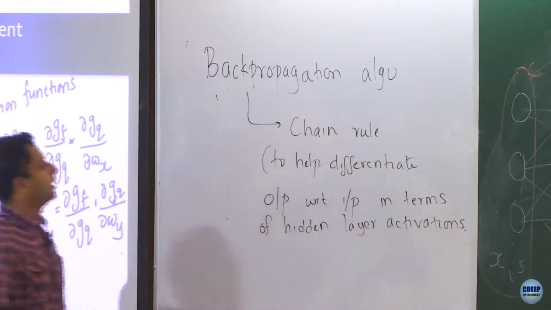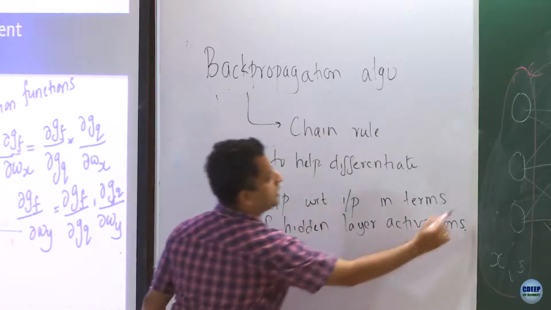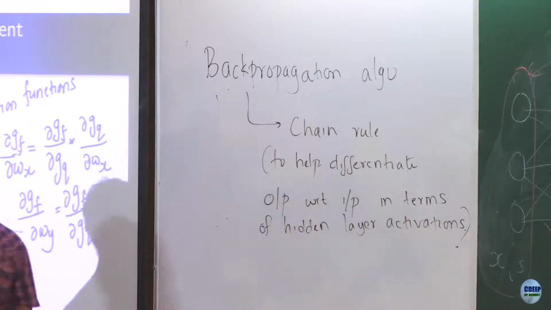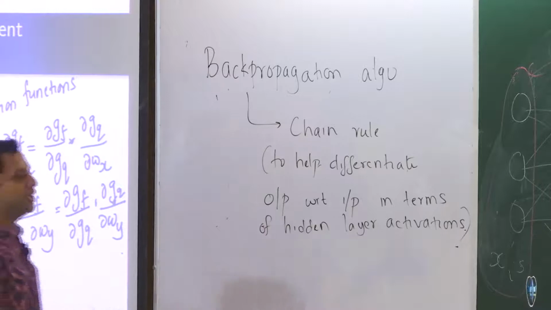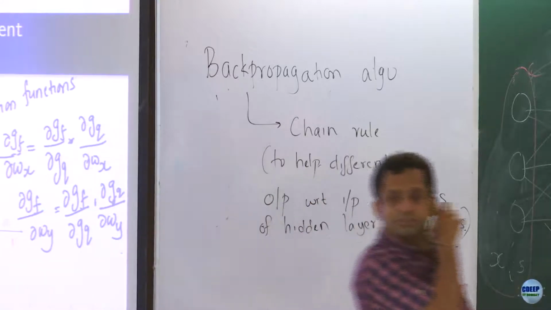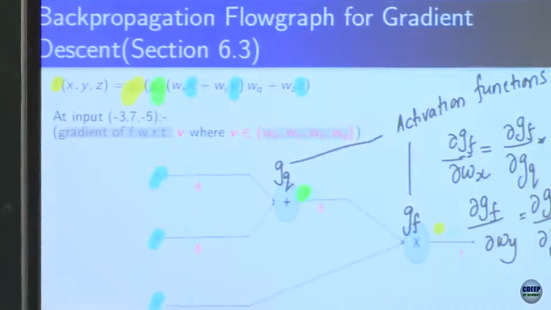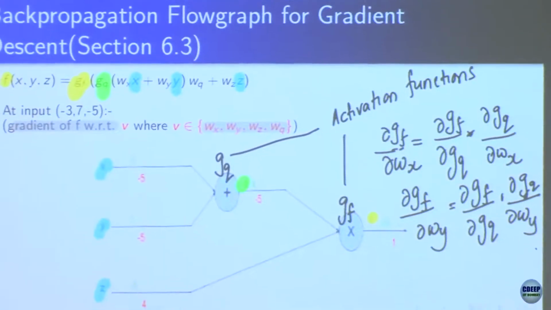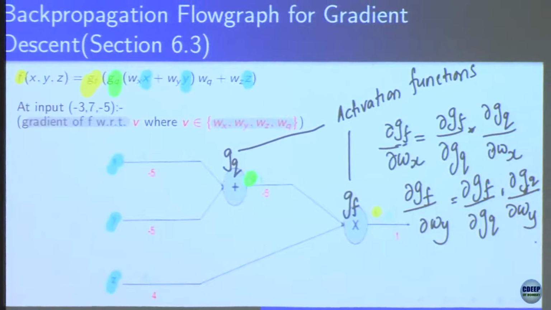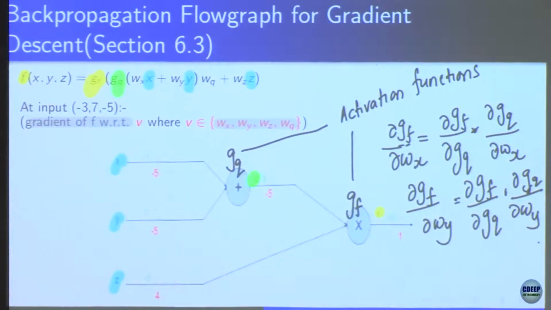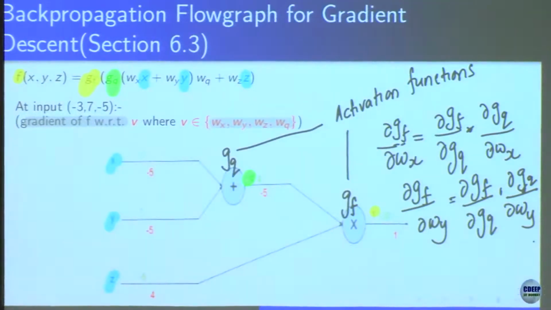Is the idea to help differentiate output with respect to input in terms of hidden layer activations. Okay. gq is like a hidden layer activation here. By the way, I keep referring to sections of the textbook. So I think most of my slides will have these section numbers where you can read it up further if you want.